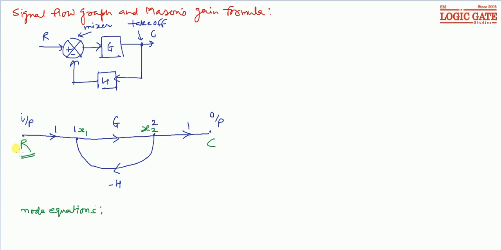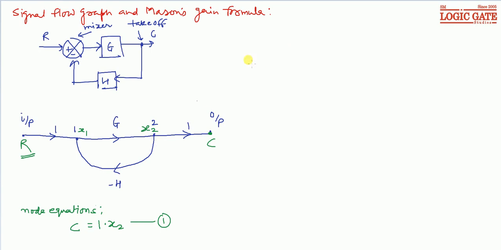That's why we don't write the node equation for the input node. So let's start with the output node equation C. At this node, one branch is coming from x2 and the gain is 1. So node equation is 1 into x2.